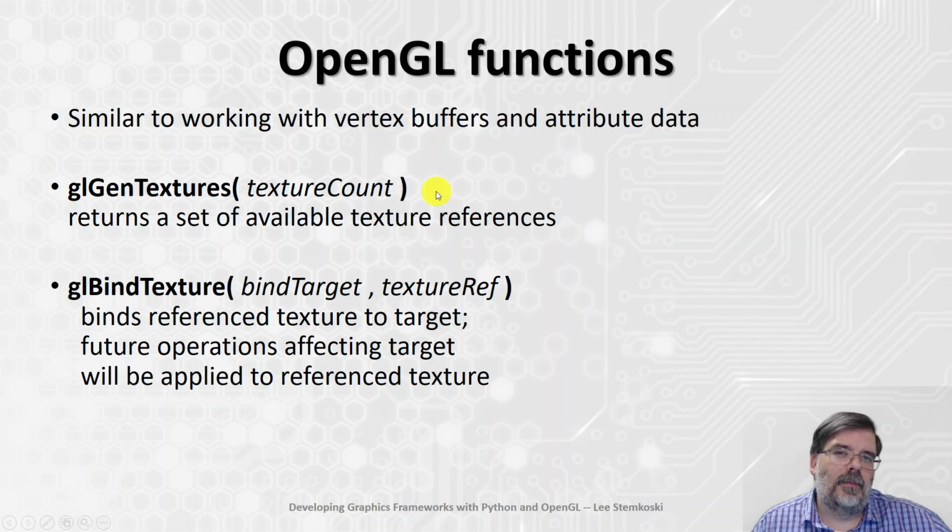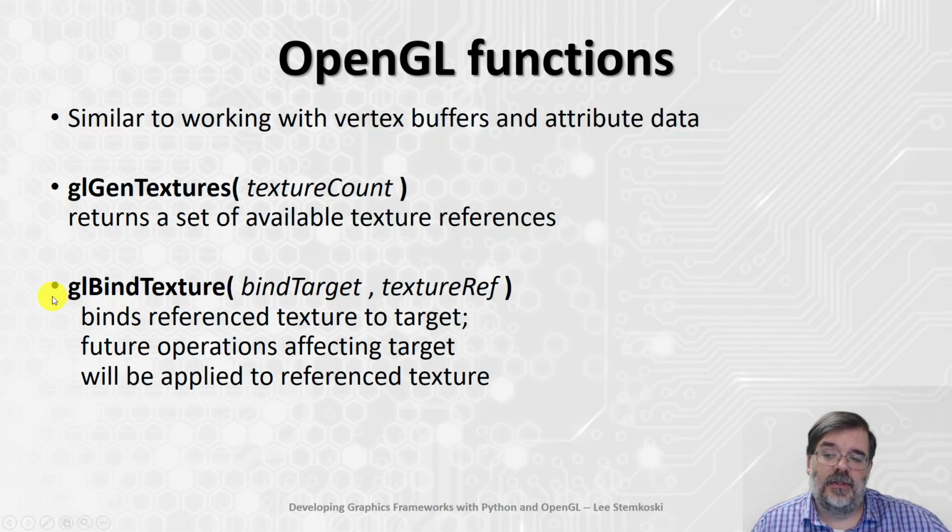It's a very similar process when we're working with textures. First, we need to call the function glGenTextures, and usually we'll just generate one at a time, so texture count will be 1, and that'll give us a reference we can use for a texture object, one that hasn't been used for a texture object yet.